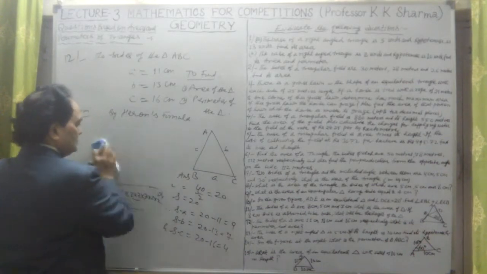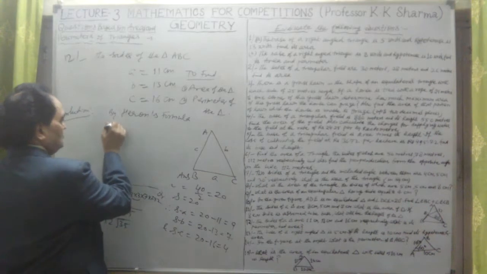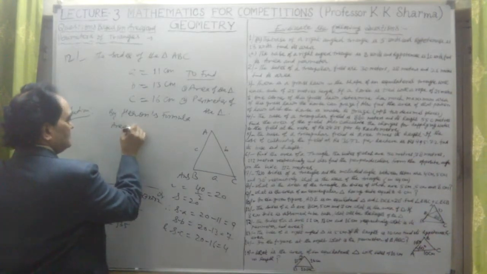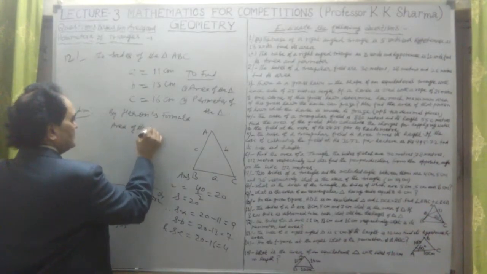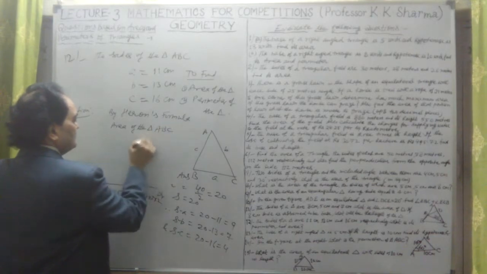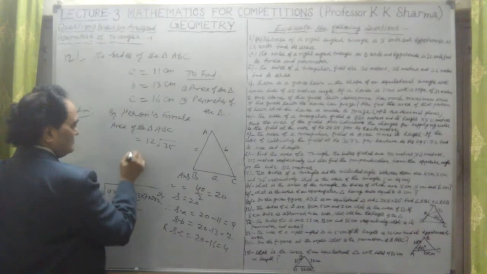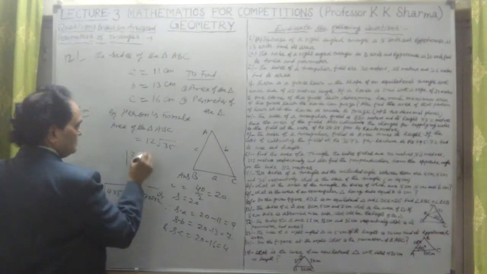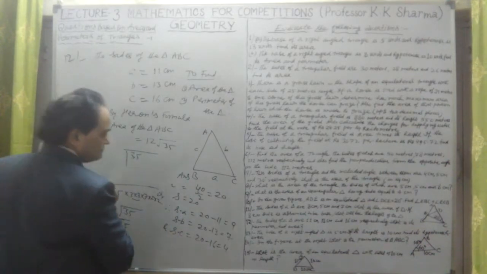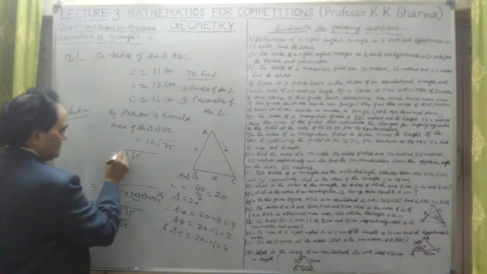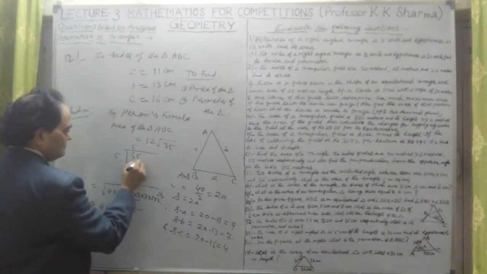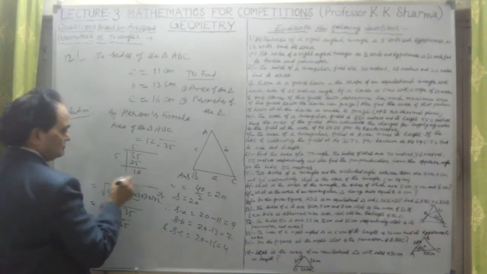So the area of triangle ABC we have calculated is 12 under root 35. Now what is under root 35? We apply this like 5 into 5, 25. Then the remaining value is 10 only.